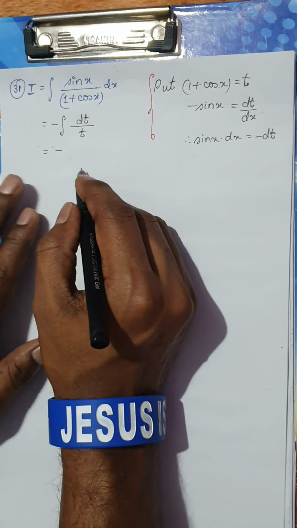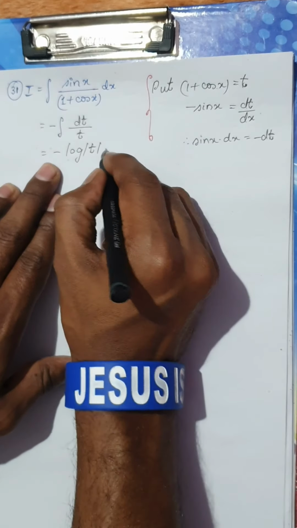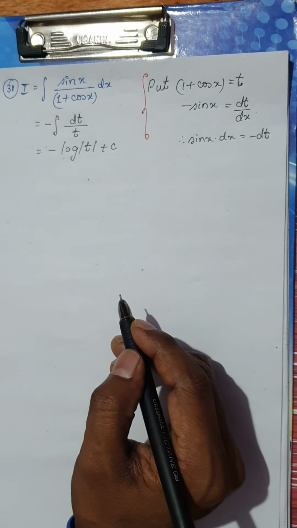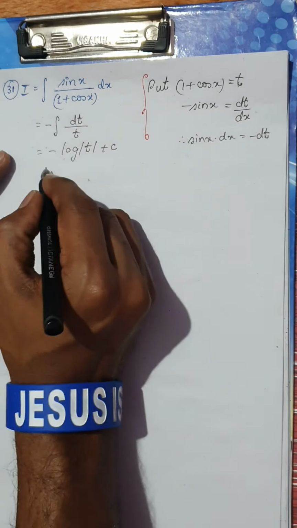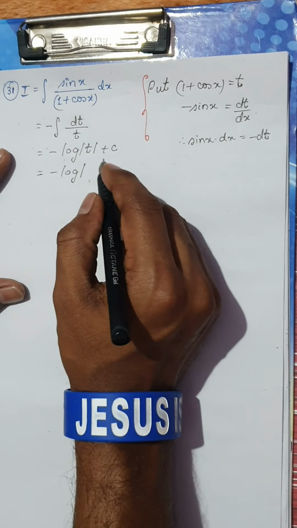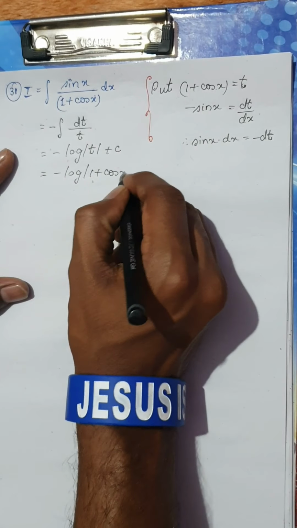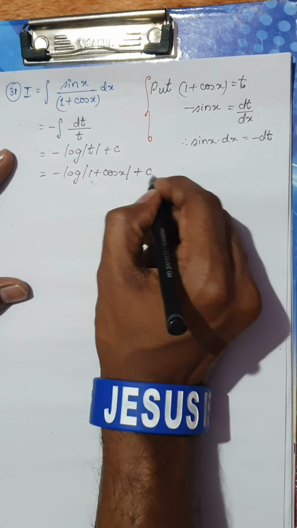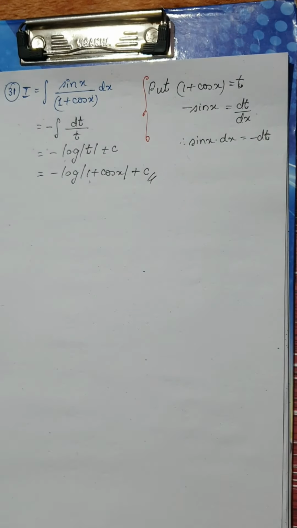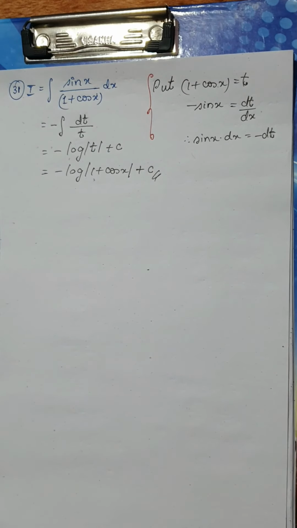This is nothing but minus log of mod t plus a constant c. Replacing t back, the final result is minus log of mod 1 plus cos x plus c, the constant of integration. Very simple result. If you practice it, you can easily do it.